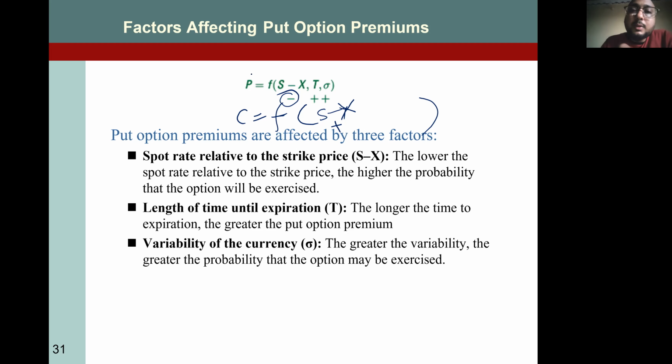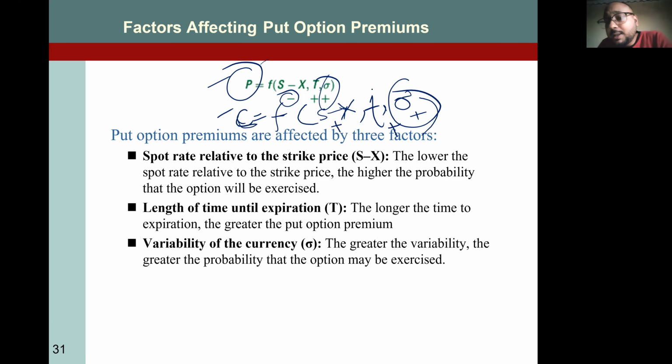Higher the difference, lower the put premium, but higher the difference, higher the call premium. Higher the time period for both put option and call option, higher the put and call premium. Higher the volatility or standard deviation or uncertainty, higher the both.